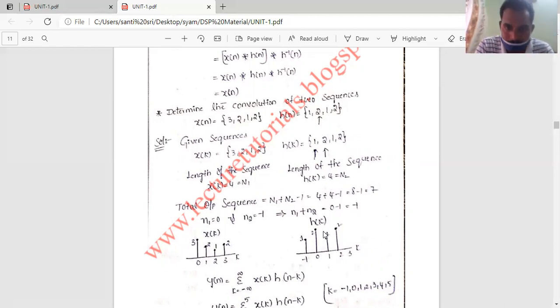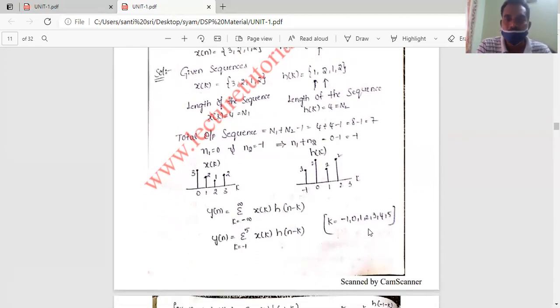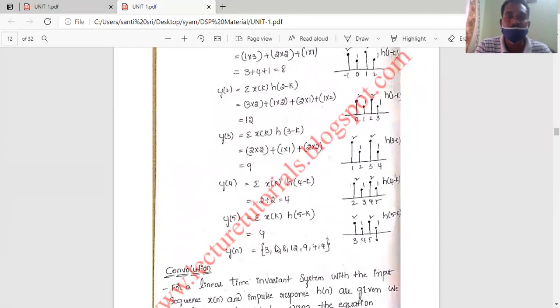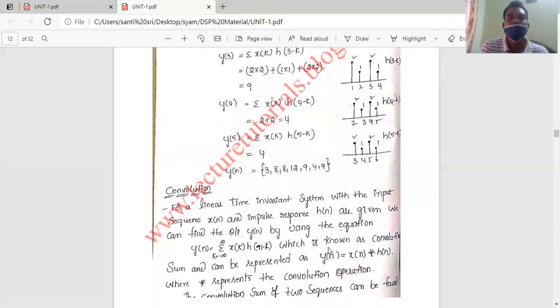At these values we will find y of n. So x of k multiplied by h of n minus k gives the different values, and we will get the output sequence as 3, 8, 8, 12, 9, 4 and 4. Is it clear?